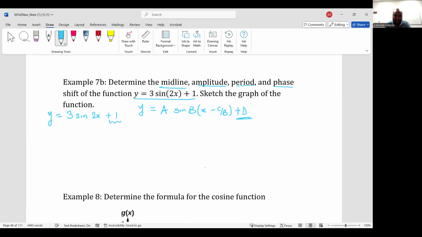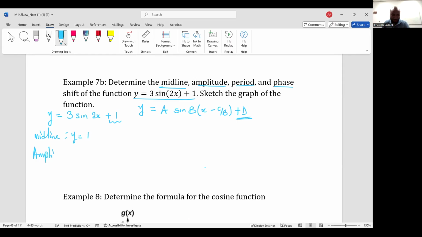So midline is y equals 1. That is a vertical shift upward because it is positive 1.